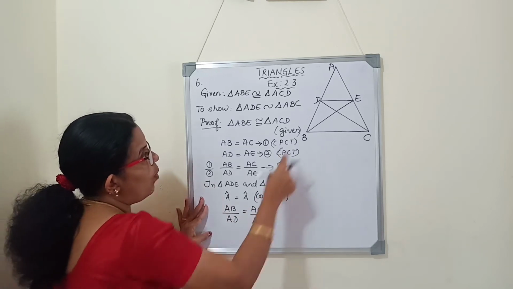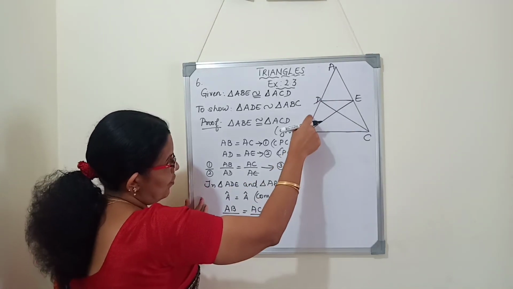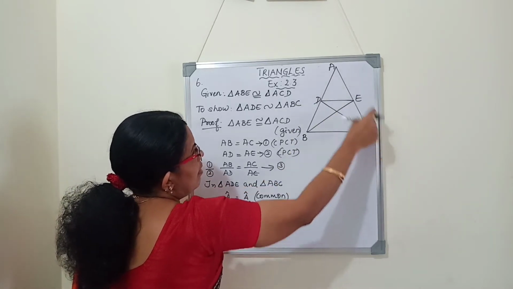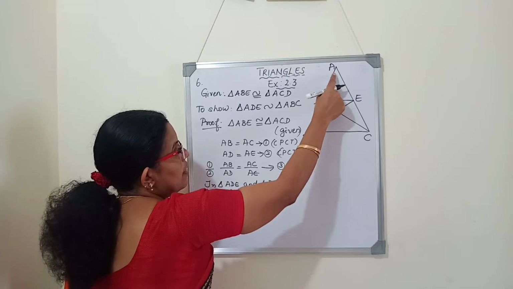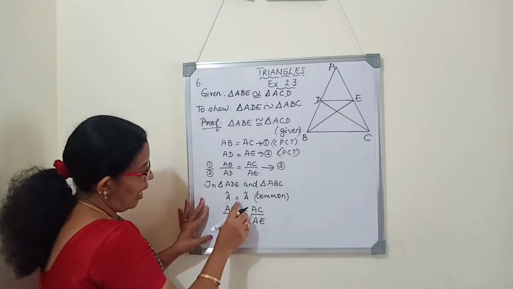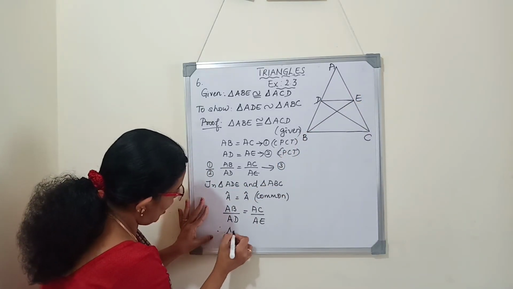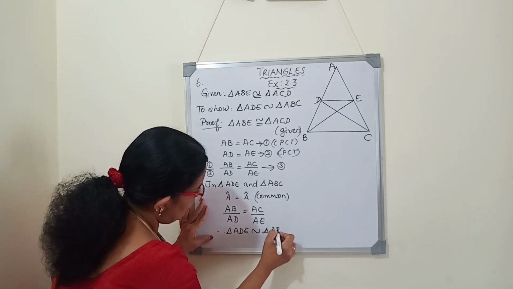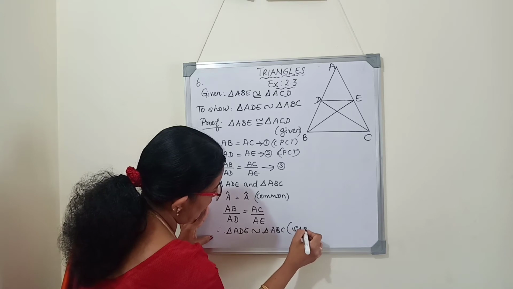So here one common angle and the ratio of the two included sides. See, AB by AD equals AC by AE, and the angle including these two sides is equal. Therefore, triangle ADE is similar to triangle ABC by SAS similarity criteria.